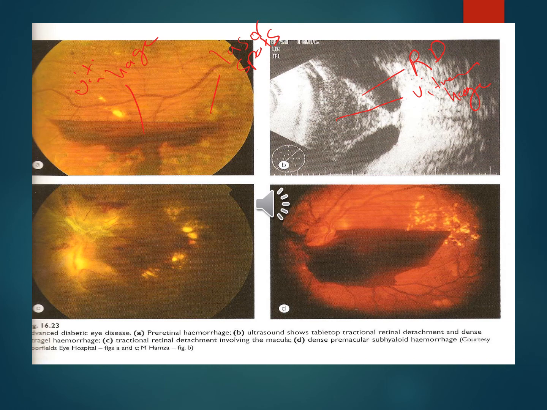This is given in sequences, a monthly injection. Each 1 month we give 1 injection until the hemorrhage resolves, and then we give the definitive treatment, that is panretinal photocoagulation. While in the left upper photo, when there is hemorrhage, this is a pre-retinal hemorrhage.